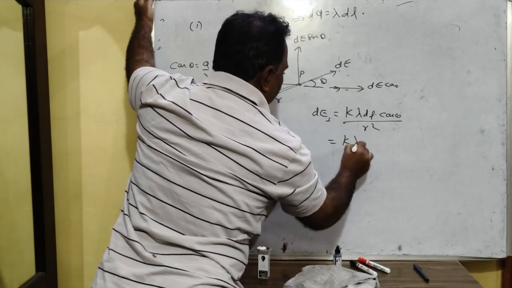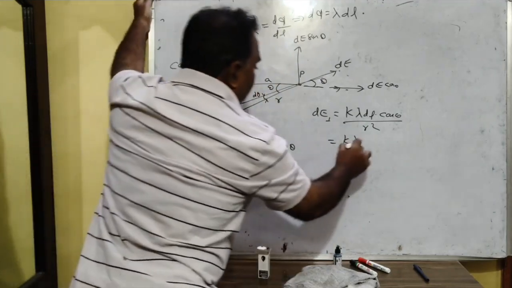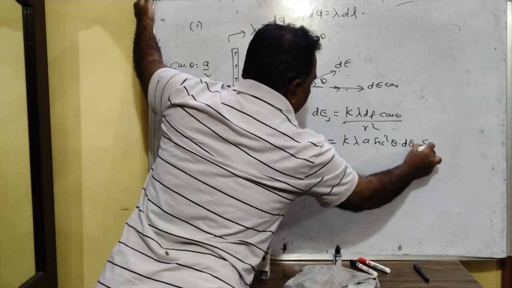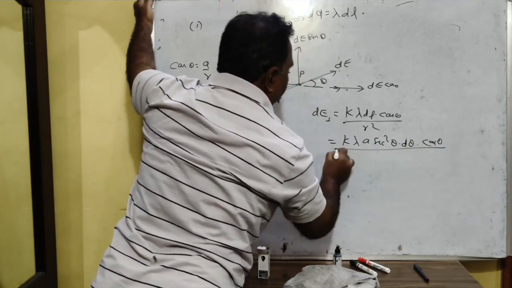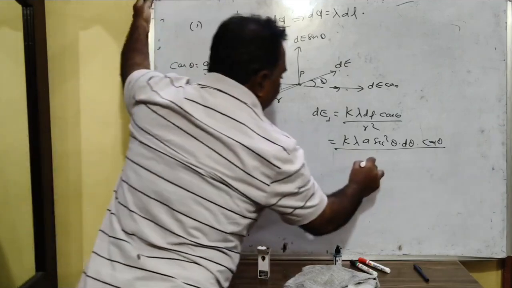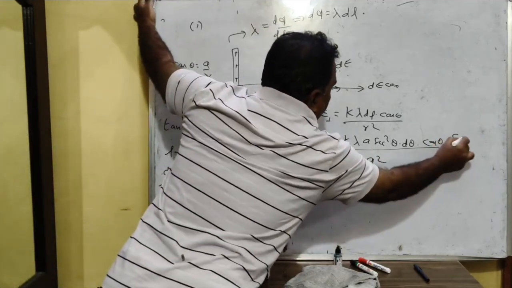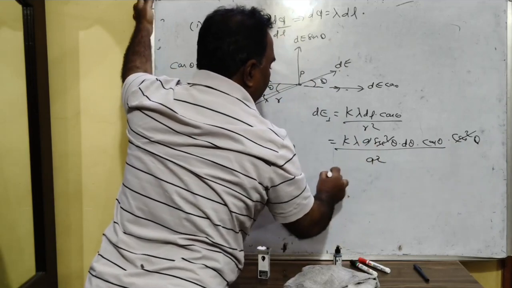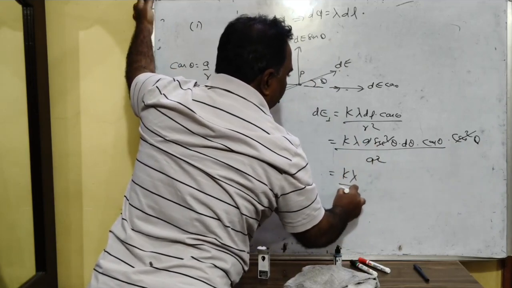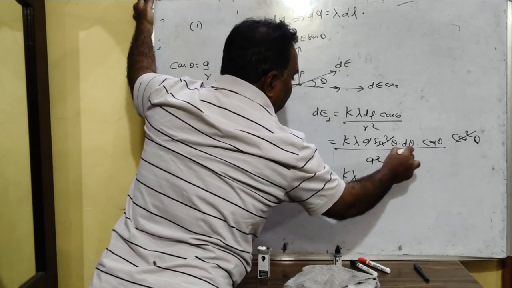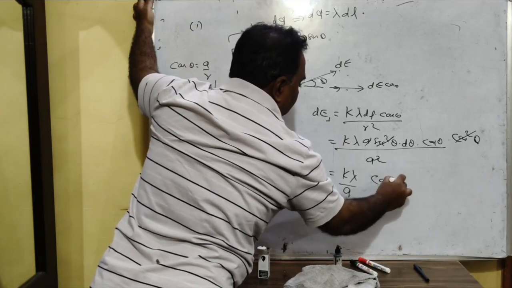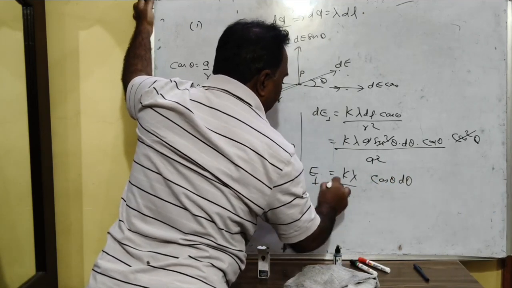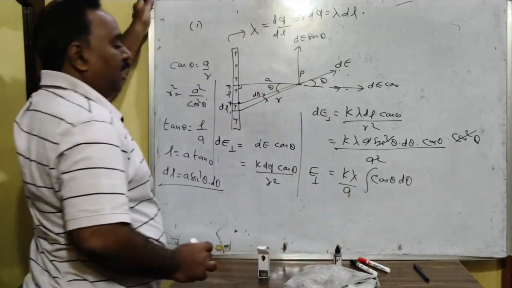K constant, lambda constant. What is dl? A secant square theta d theta into cos theta divided by r square, which is a square by cos square theta. The cos square theta and secant square theta cancel, leaving K lambda by a into cos theta d theta. For the total electric field, integrate this, the remaining are constant.